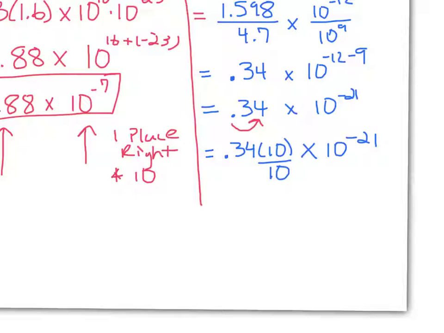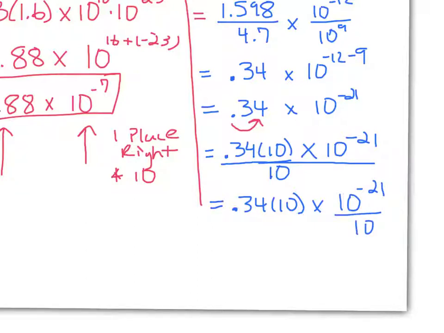same problem. But remember, when you are dividing, all you have to do is do the division one single time. And so instead of dividing right here in this location, I'm going to come over here and do that division over here. That way, this number right here can be a number in scientific notation. So what I'm going to write is 0.34 times 10 times 10 to the negative 21st over 10, all right?